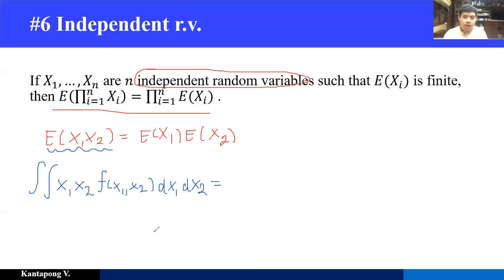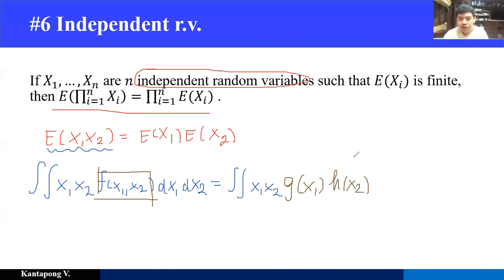And then, how do we proceed? Because the variables are independent, what does it mean? It means that we can split the f into g of x1 and h of x2, right?